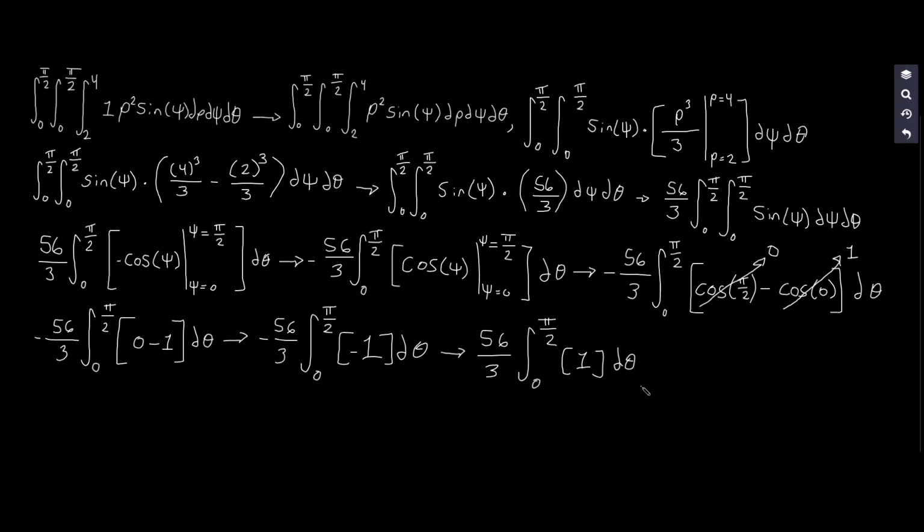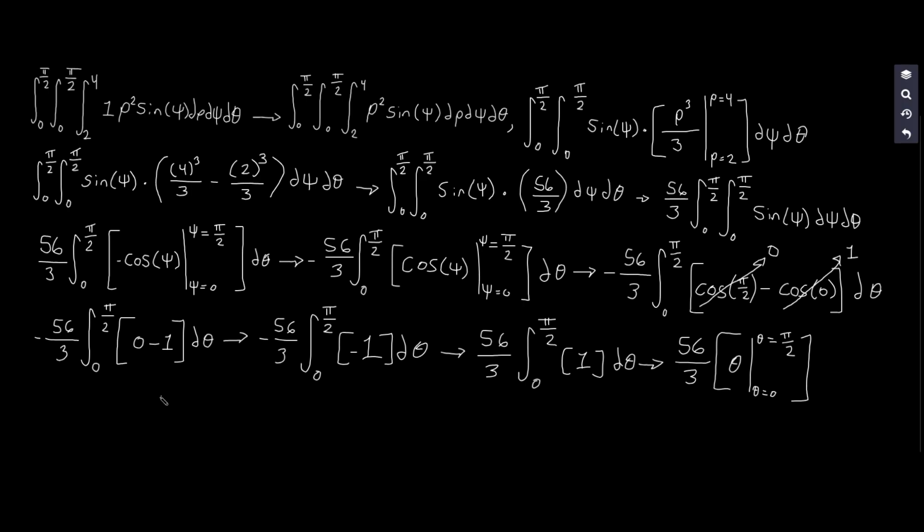When you're integrating a constant, you literally just throw the variable that you're integrating with respect to onto that constant. And that means that we're going to have the following: 56 over 3 times theta evaluated at theta equaling 0 and at theta equaling pi over 2.